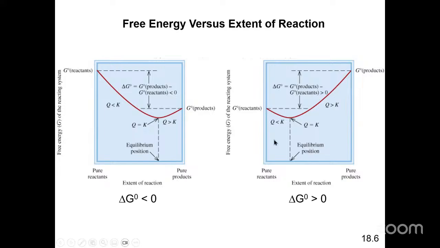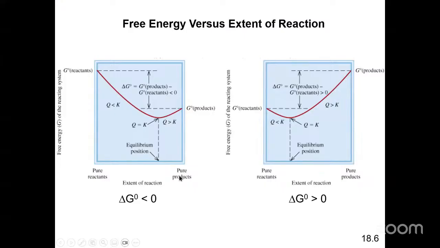So again, if you start from reactants, the energy will fall until you get to the minimum part here, and that would be the equilibrium position right here. And then if you continue, the energy will increase until the free energy of the products will be greater than that of the reactants, which of course is the case when delta G is positive, right?